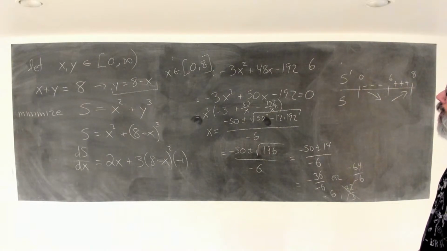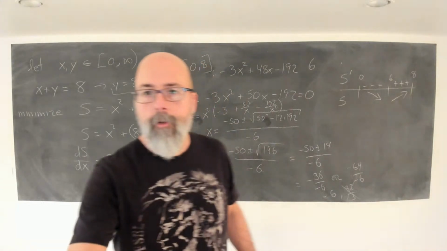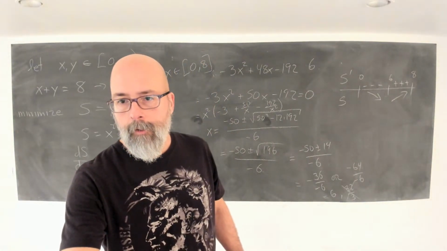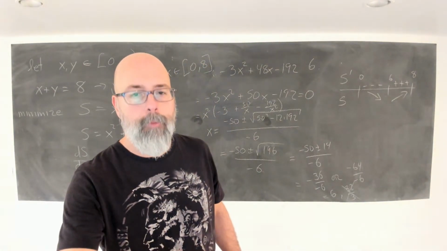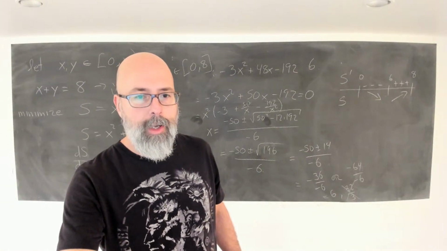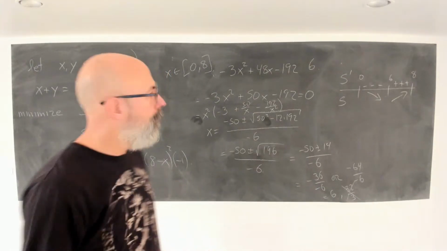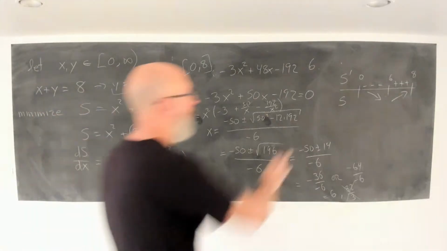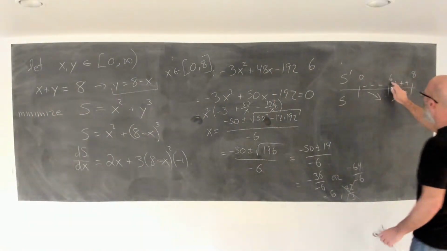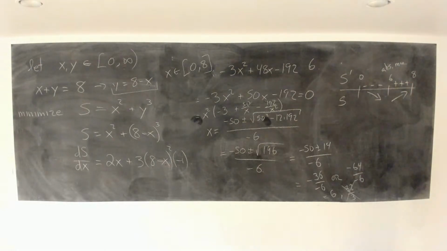What was our question asking for again? Oh, right here. Sum of the square of the first and cube of the second is as small as possible. Right, so it's clearly here we have an absolute minimum occurring at 6.